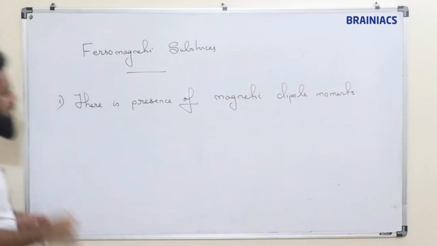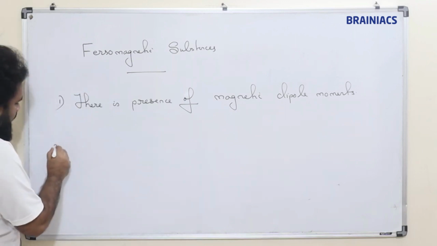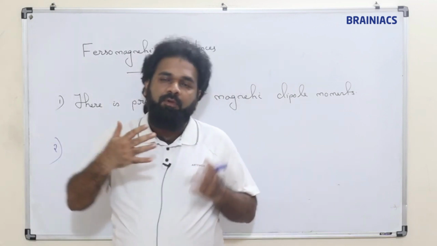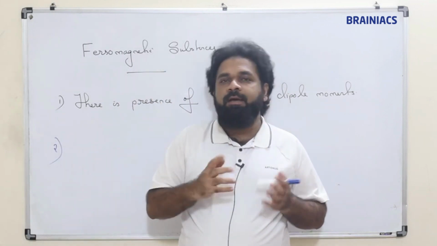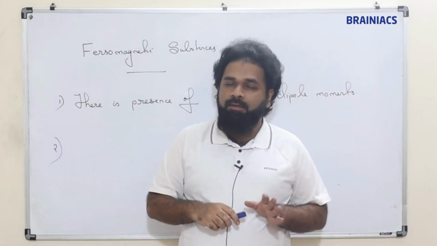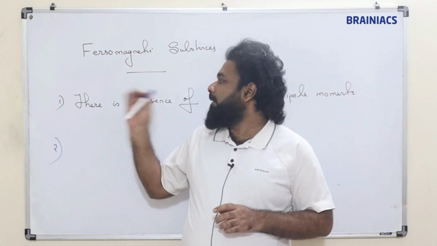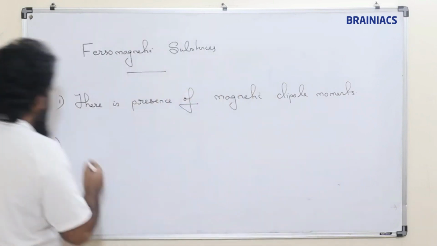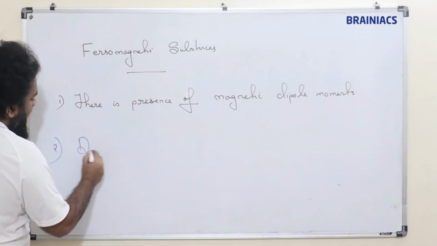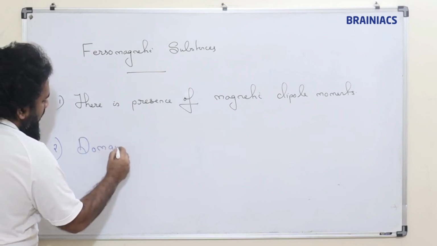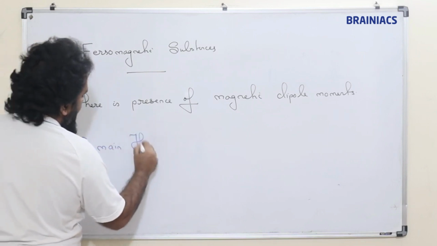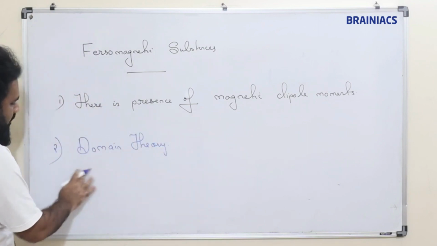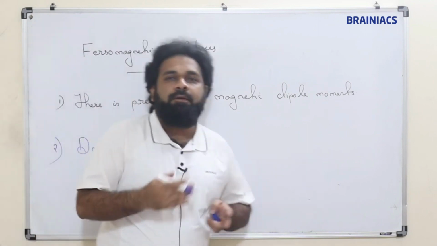Now the next point is, generally in a paramagnetic we know there were magnetic dipole moments in different directions. In ferromagnetic substances we have to depend on domain theory. What is this? There are different magnetic dipoles.